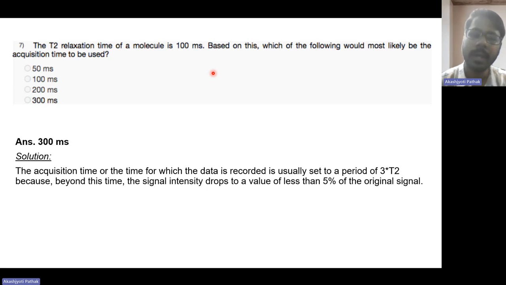That is the FID. If you see, FID is equal to I naught cos omega t e to the power minus t by T2. You can put the value t equal to 3T2, and you will see that beyond 3T2 the intensity value has dropped by 5%. So in this question, 3 times T2, so 3 into 100, that is 300 millisecond. So till 300 millisecond, the data can be recorded.